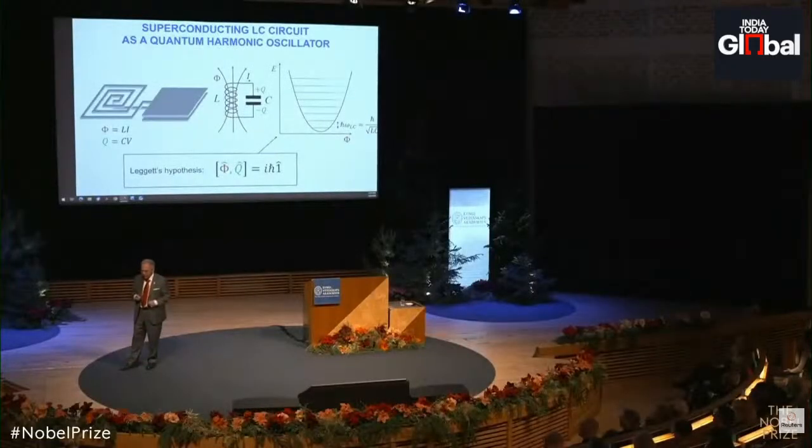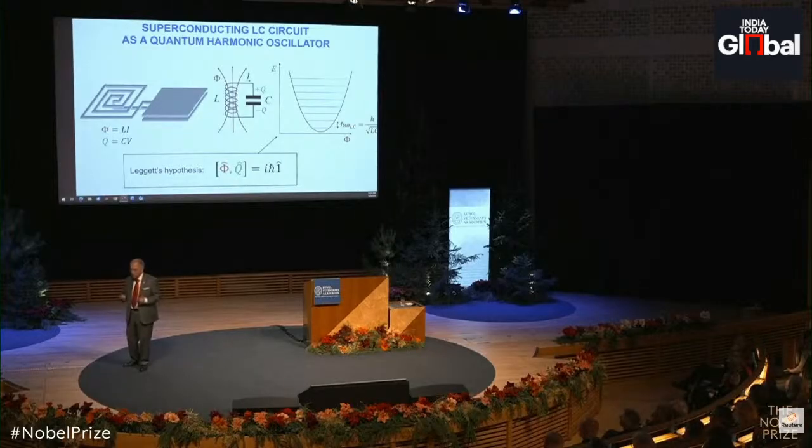What is really different from an atom in this circuit is that, for instance, if you take the transition frequency between levels, this transition frequency, as you can see in the formula that I have indicated on the right, is determined by these two engineerable quantities, which are the value of the inductance and the value of the capacitance, which you can change by changing the geometry.